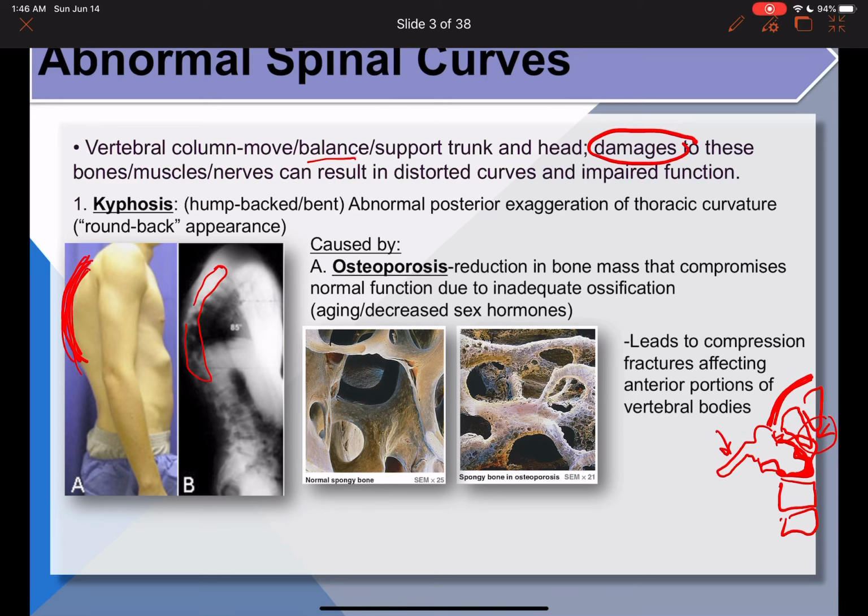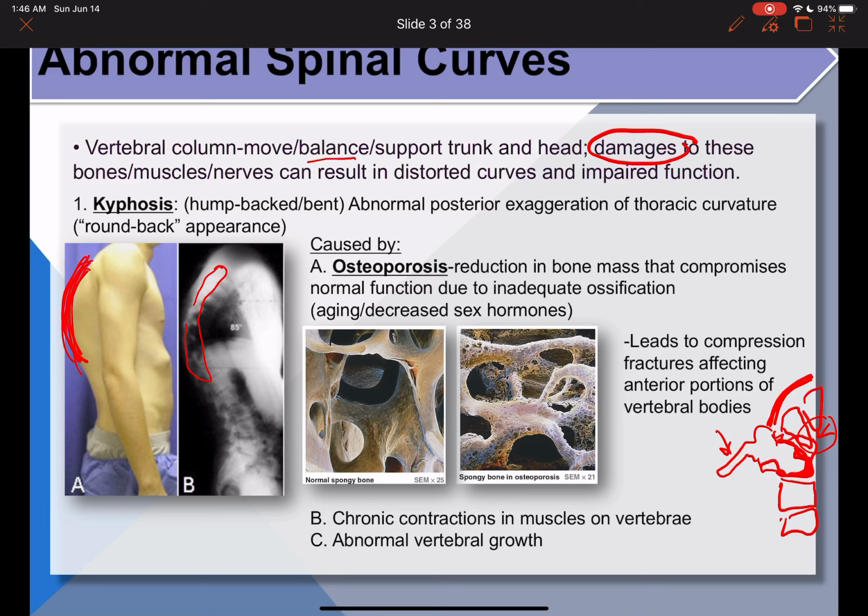So that's how having that compressed anterior part of the vertebral body can lead to that hunchback appearance, and also why we often see this problem in older individuals, where osteoporosis is more of a problem for them.